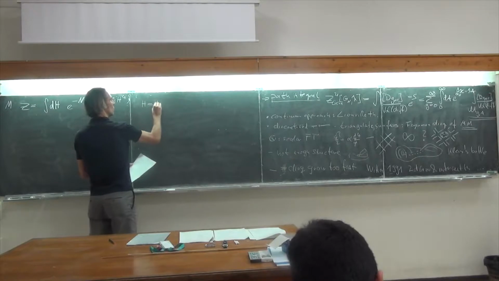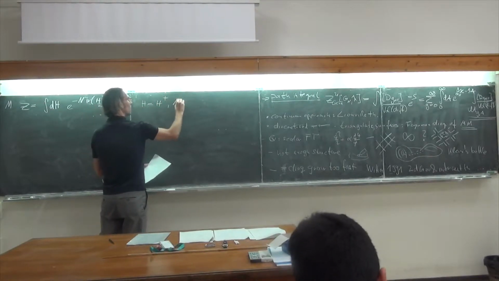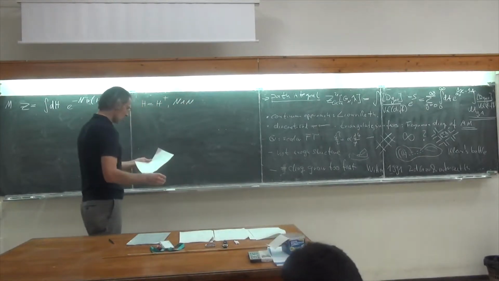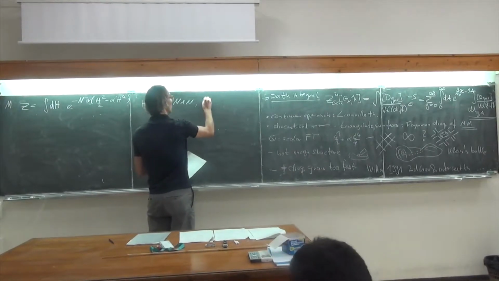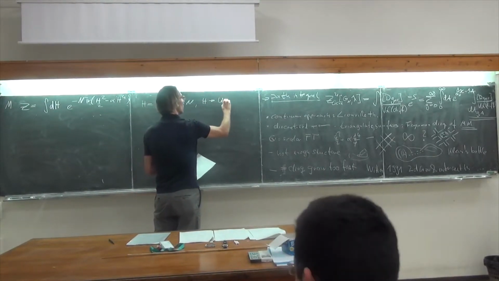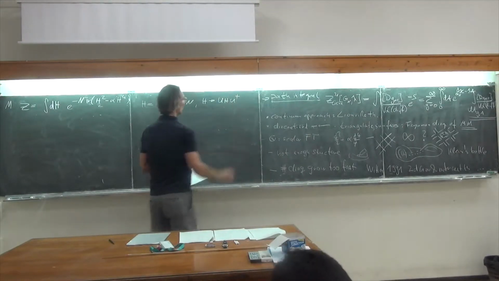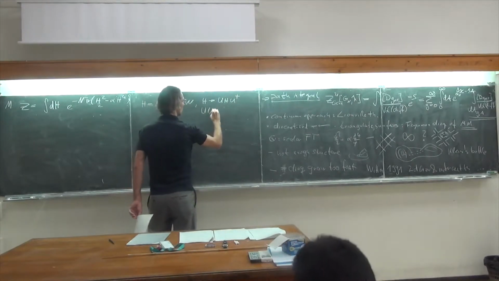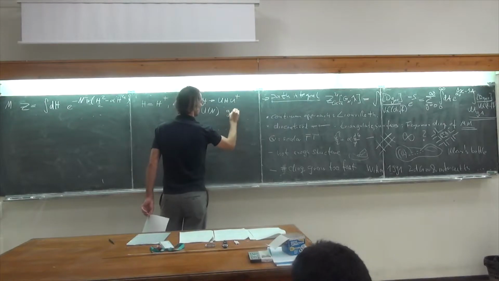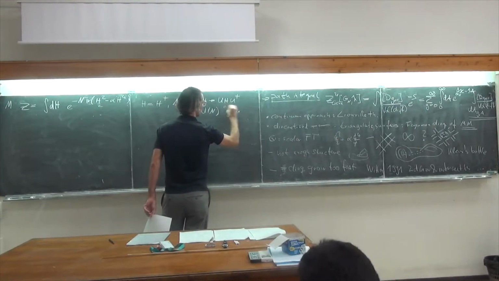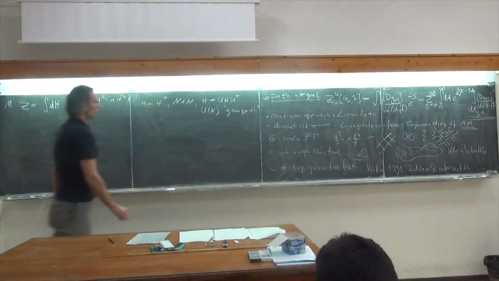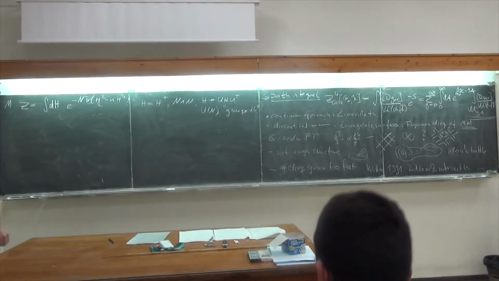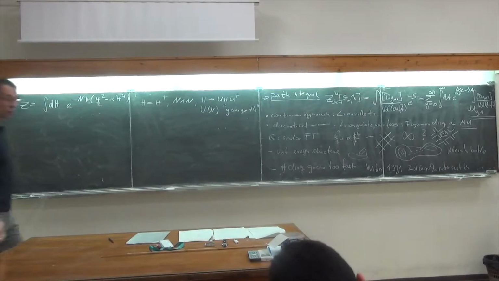So the matrix is Hermitian, N times N, and invariant under unitary transformations. So it's, if you like, a U(N) theory. But it does not have a kinetic term.